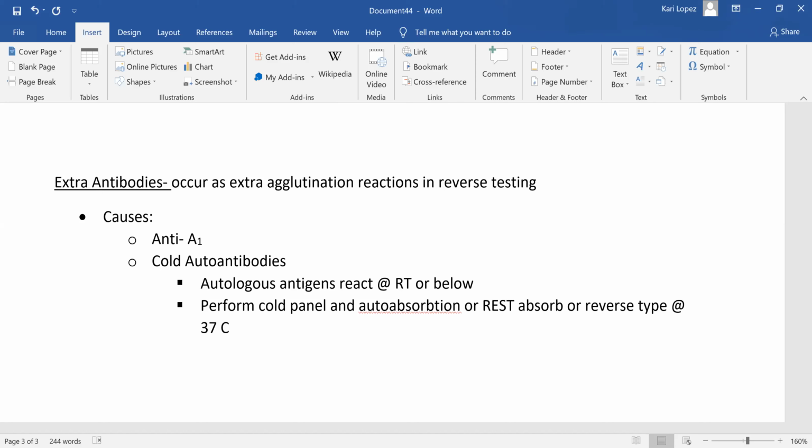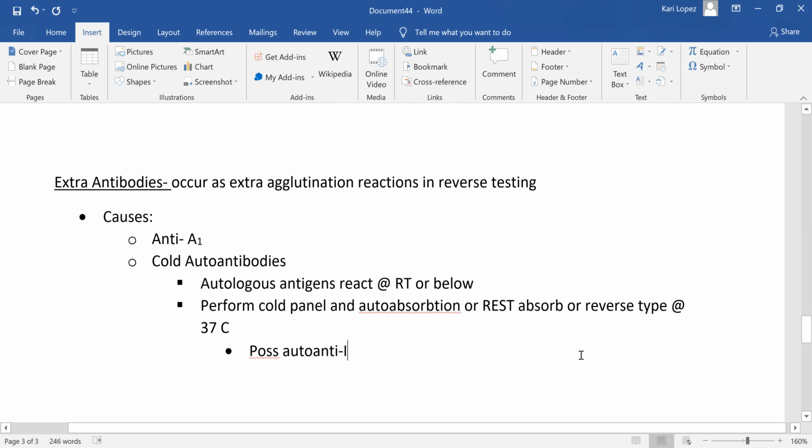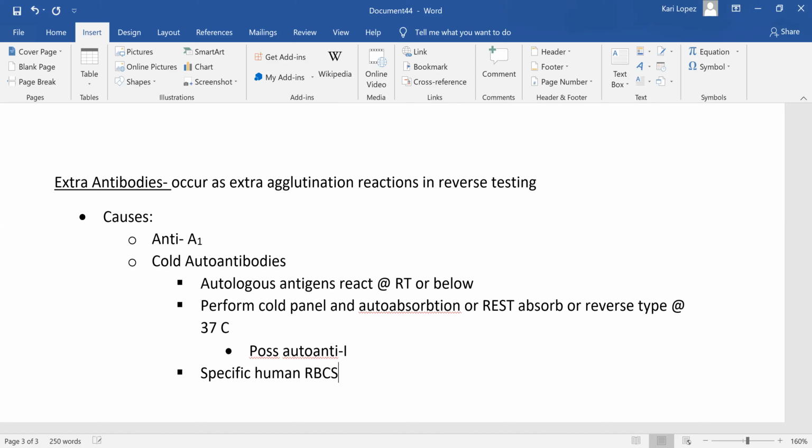At 37 degrees Celsius, and find out if it's a possible auto anti-I. I'm going to put a picture, don't worry. And then specific human red blood cell antigens react at room temperature or below.